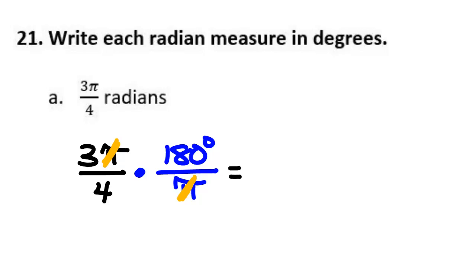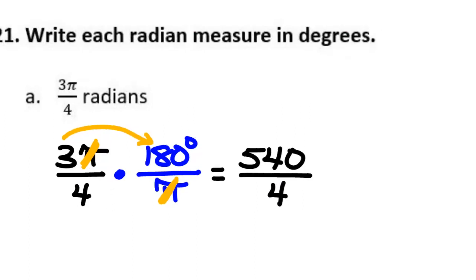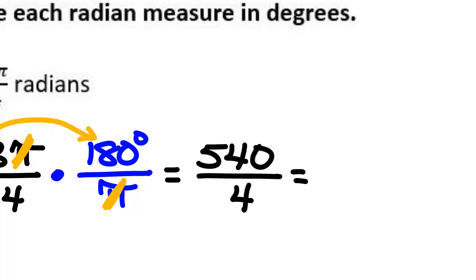The 3 in my numerator will only distribute to the 180 in this numerator. What is 3 times 180? 540. Down in the denominator, this 4 is still here, so that becomes the denominator here. And then I need to divide 540 by 4. 135, and that would have degrees with it.